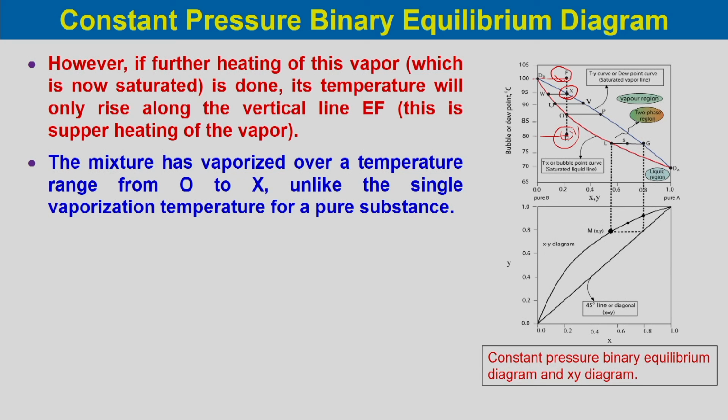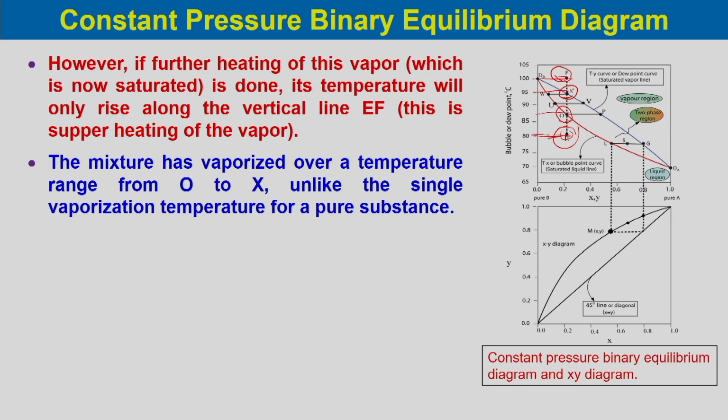So the liquid mixture is vaporized over a temperature range, from liquid to vapor, from O to X. This is the temperature range where it is vaporized, and this is the final temperature change if we take a liquid at 80 degrees and heat it up to 100 degrees centigrade. So this is the overall temperature change, but from liquid to vapor formation the temperature will vary between O and X.